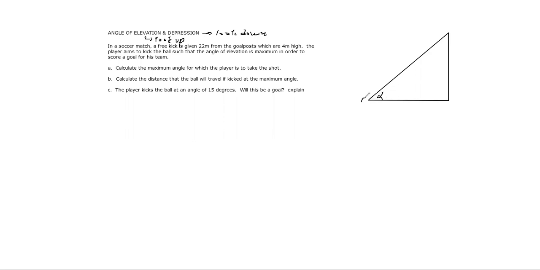If this point is A and that point is B, then alpha is the angle of elevation, because I'm looking up from point A to point B. That's it. Very easy. I don't want to complicate it any further. I'm going to leave it at that because that's how it is.